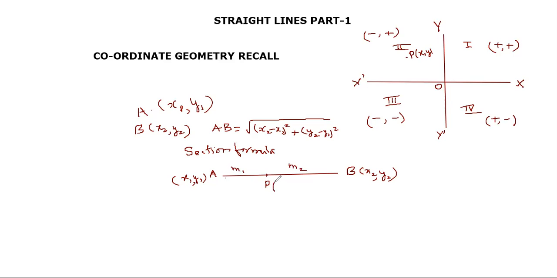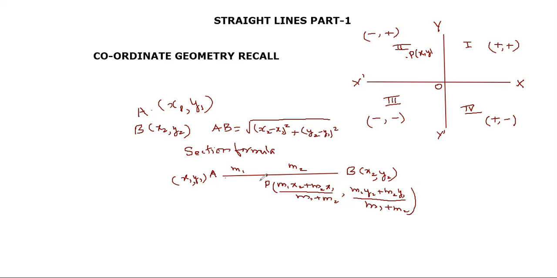So the coordinates of the point P will be: the x coordinate is (m1 x2 plus m2 x1) divided by (m1 plus m2), and the y coordinate is (m1 y2 plus m2 y1) divided by (m1 plus m2).